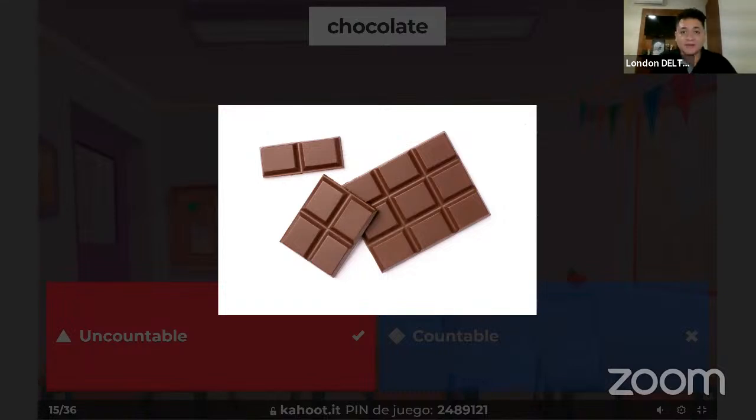Ese pastel se ha vuelto incontable. That cake is uncountable. Why? Because this cake is nothing but a mass of something. Ese pastel es una masa de algo, right? So you can divide it. How many slices can you divide a cake? ¿En cuántas rebanadas se puede dividir un pastel? ¿Cuántas veces puedes dividir el pastel?